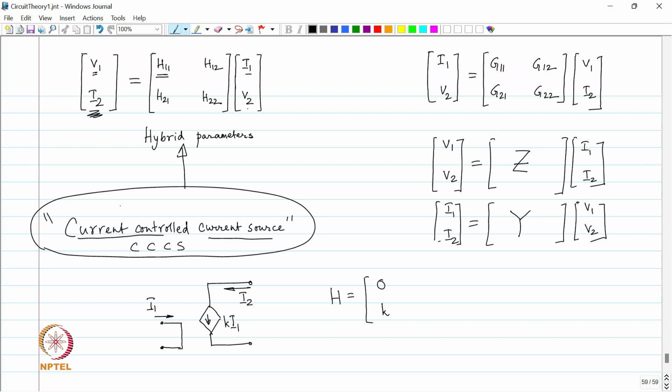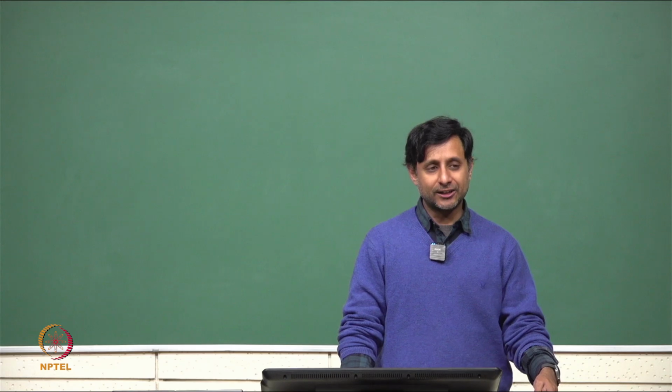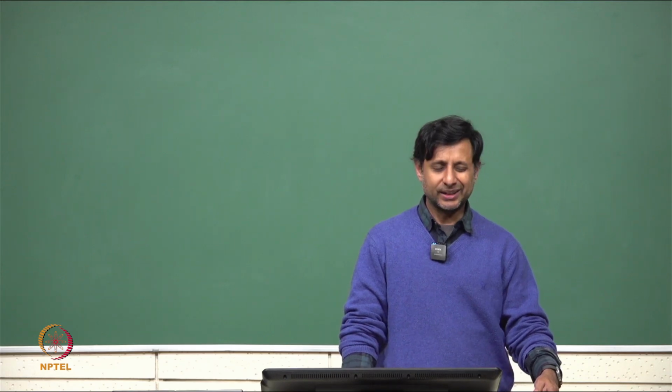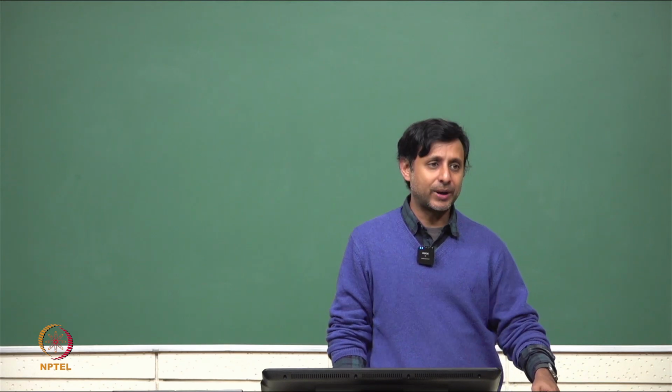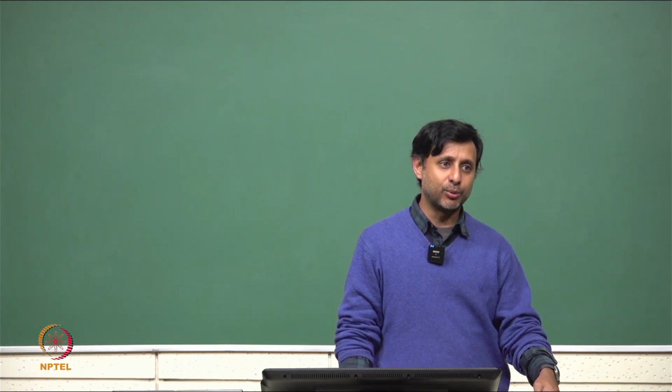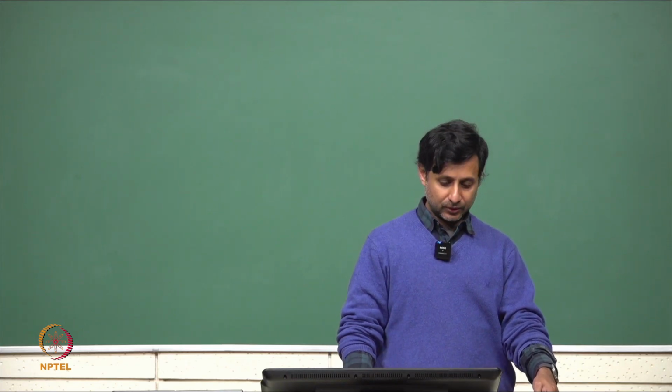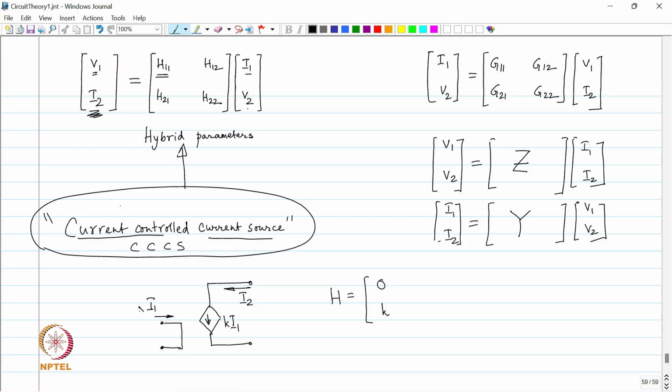Is this okay? Okay. Next experiment. What is the next experiment? Open circuit port 1 and apply 1 volt at port 2. So, I am going to open circuit this port 1, no current coming in. So, what is I2? I2 is 0.